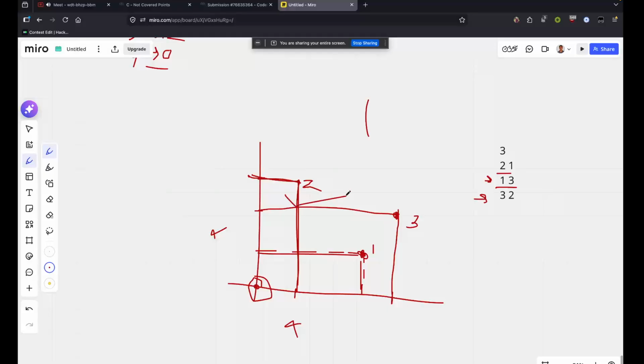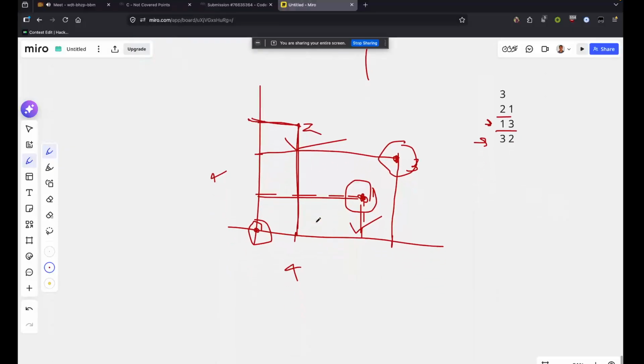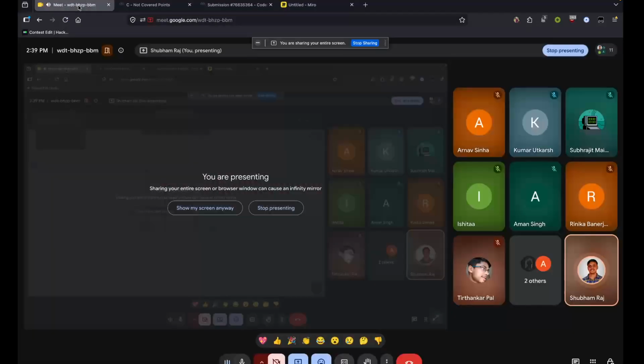So these two we can count as the answer. But if I talk about this third one, inside this rectangle there is one vertex present, so it will not be counted in our answer. So we need to count the number of rectangles inside which no vertices are present. Right? I hope the question is clear.